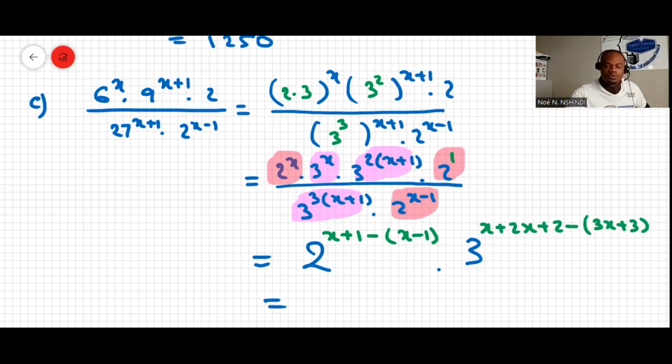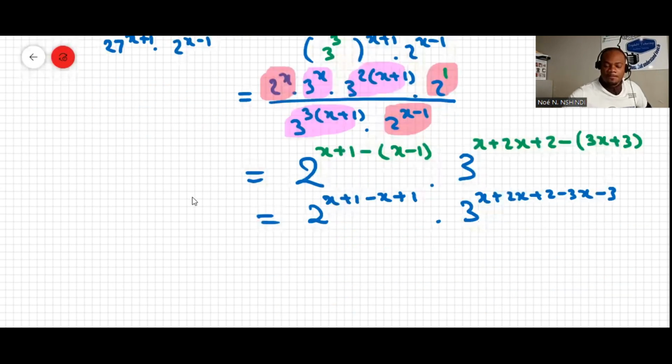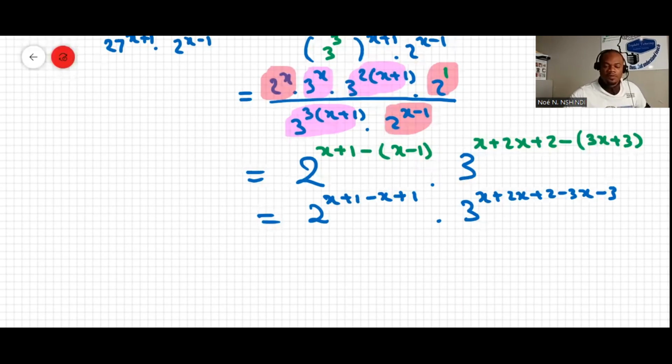That makes 2 to the x plus 1 minus x plus 1, okay, if we drop brackets here, and then multiply by 3 to the x plus 2x plus 2 minus 3x minus 3. Then we can simplify x and negative x there, and then 1 plus 1 makes 2.